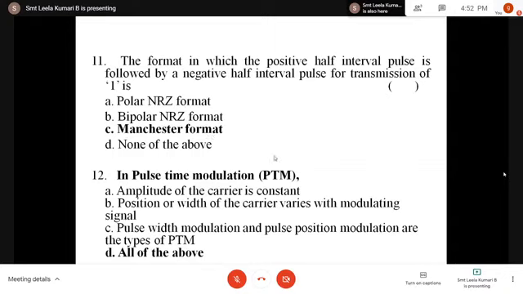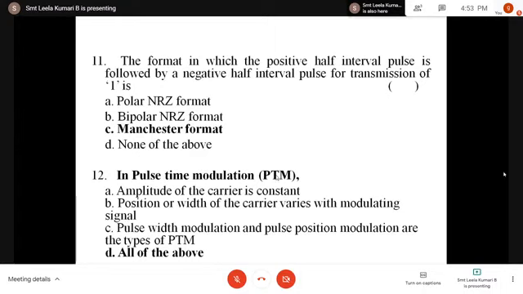Option C is correct. In pulse time modulation, amplitude of the carrier is constant. Position or width of the carrier varies with the modulating signal. Pulse width modulation and pulse position modulation are the types of pulse time modulation, combiningly known as pulse time modulation.